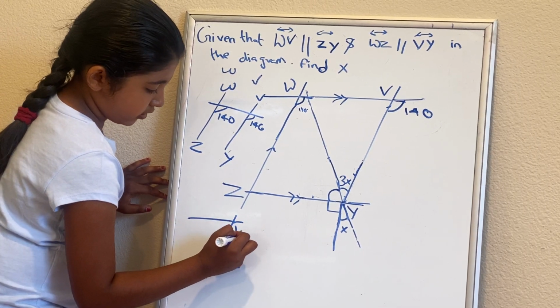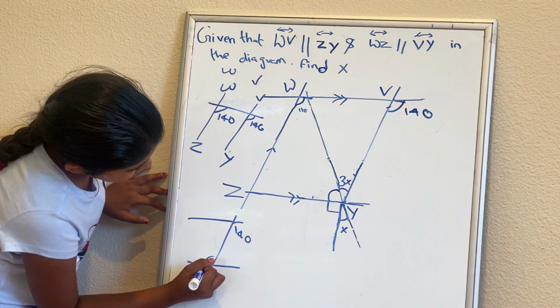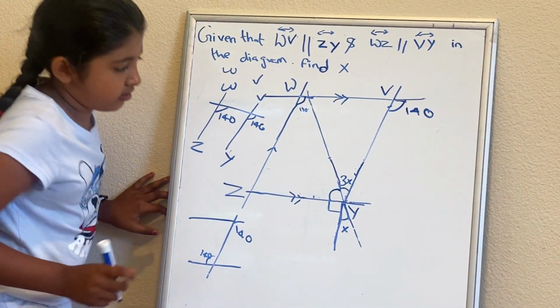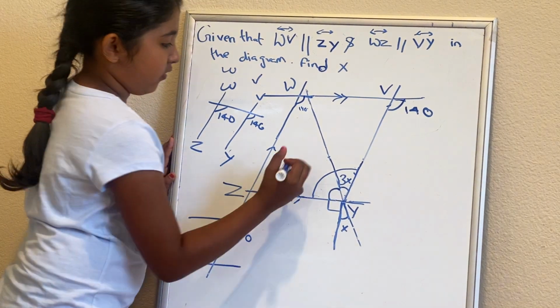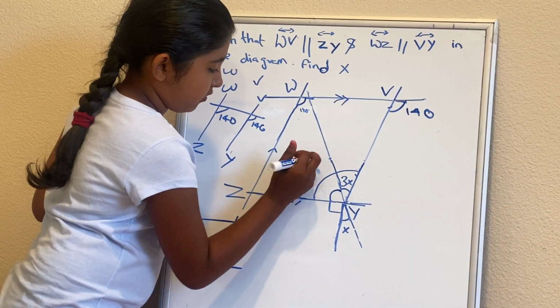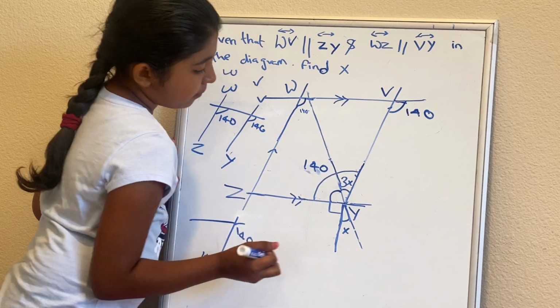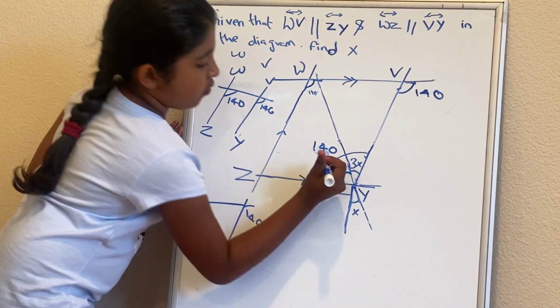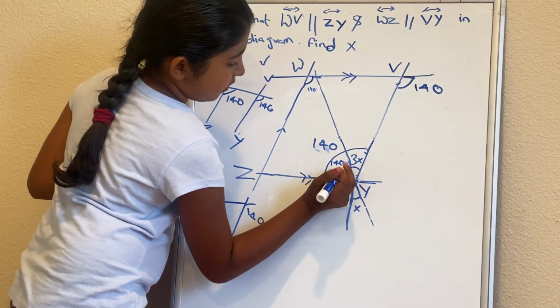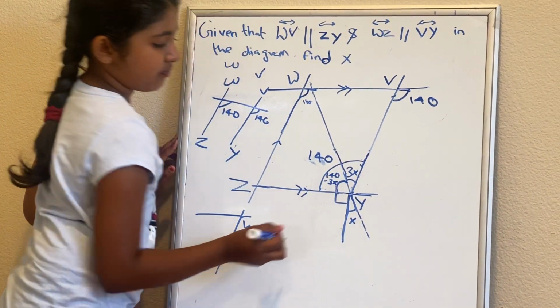So here's 140 degrees, so that means this is 140 degrees. So that means this whole thing is 140. But I only want this part, so I'm going to do 140 minus 3x.